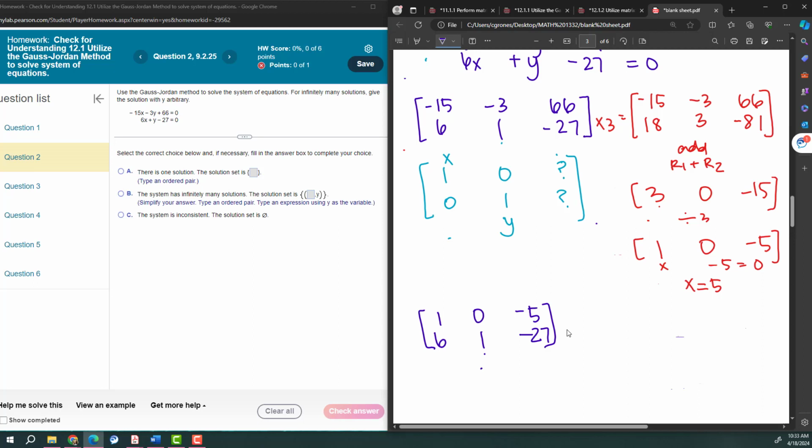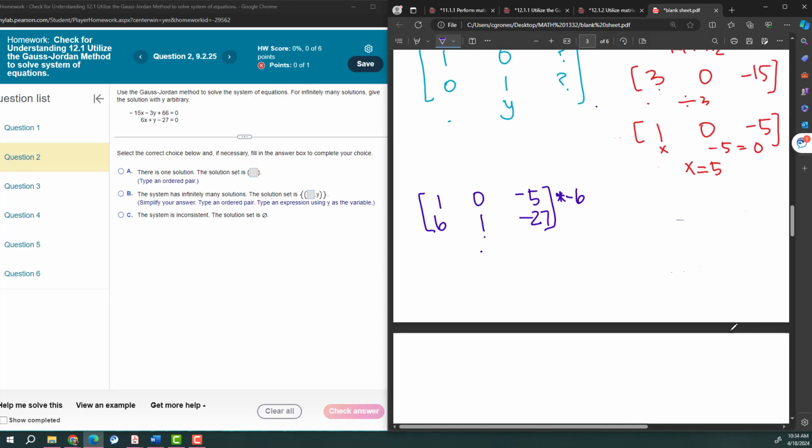Now, I know this is kind of weird because we've already found our x, and it can be weird to be changing that first row, but it's okay. We already found what our x is, so we can manipulate this. This is going to be multiplied times a negative 6 for this first row. We're just going to be manipulating this so we can figure out what the second row is.